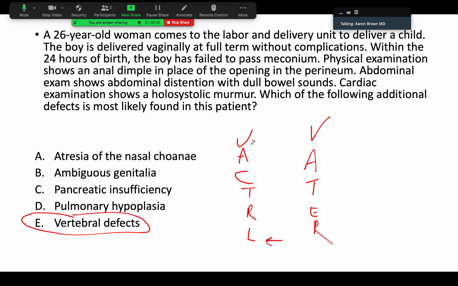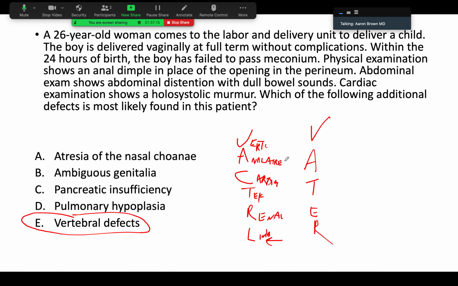So for VACTERL, we have vertebral abnormalities, anal atresia, cardiac defects, tracheoesophageal fistula, renal abnormalities, and limb deformation.